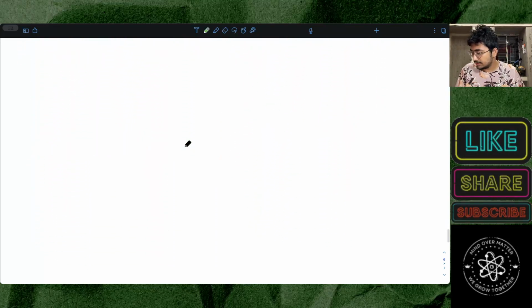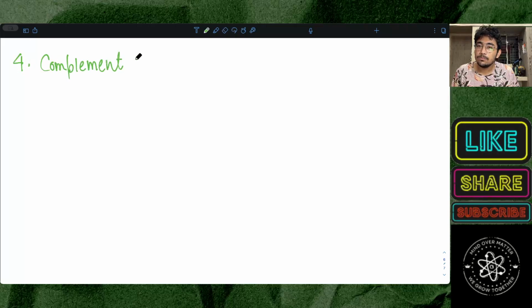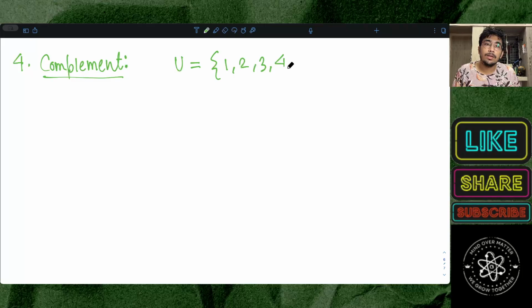And now let's go to another concept called the complement. Suppose we have a universal set 1, 2, 3, 4, and 5, and we have a set A that contains 1 and 2.